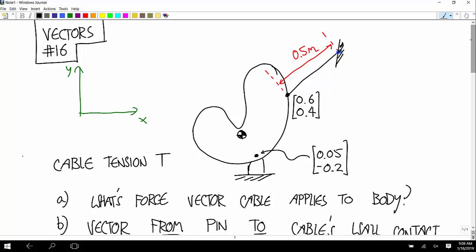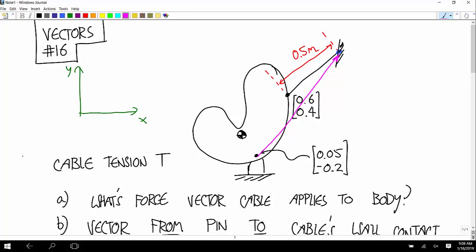And the second question: we want a vector that goes from the pin to this wall contact, something like this. We already have coordinates for this point, those were given.